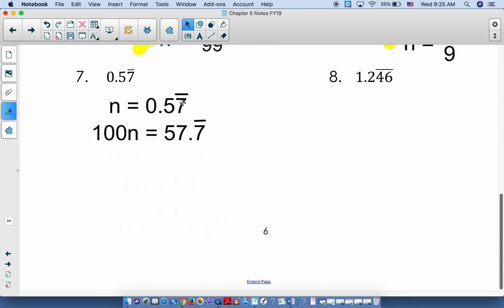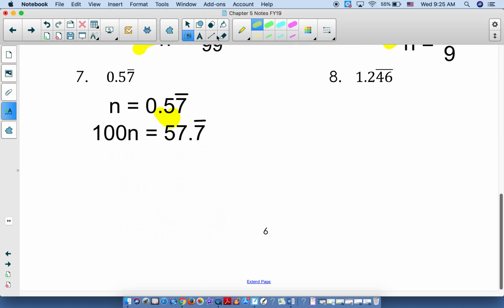It's only the 7. So once I have that, I need to think, I want to get rid of the 7 repeated. I don't want to get rid of 0.57 repeated. I want to get rid of 7 repeated. So I need to move this decimal over in between them.